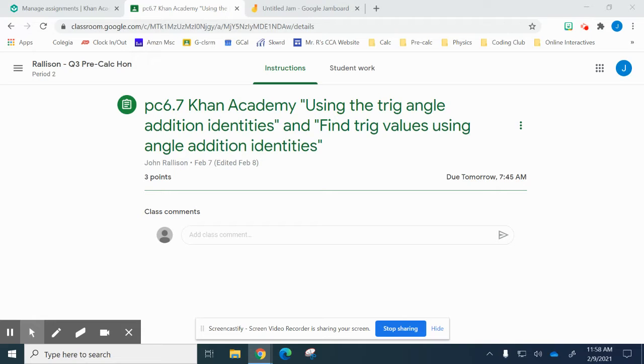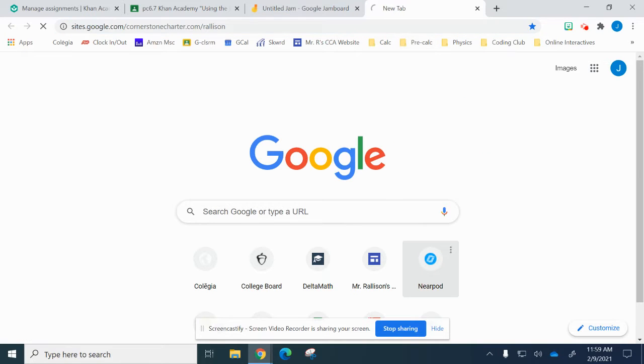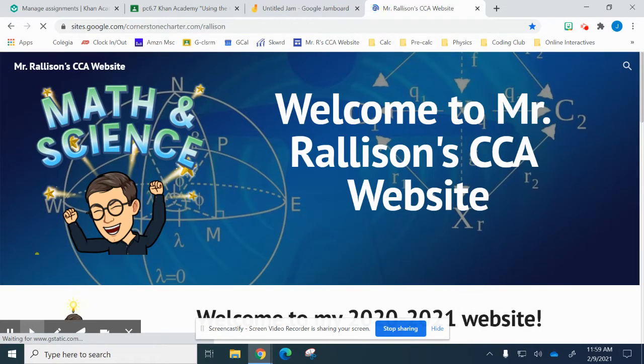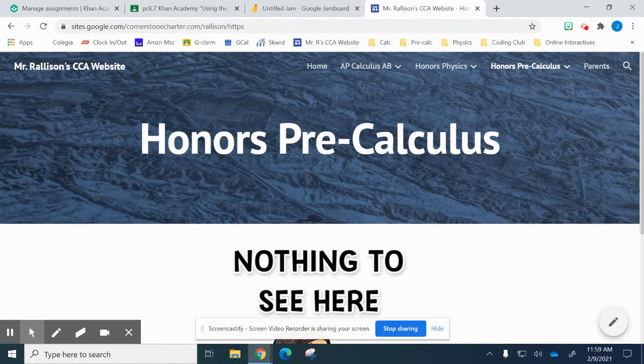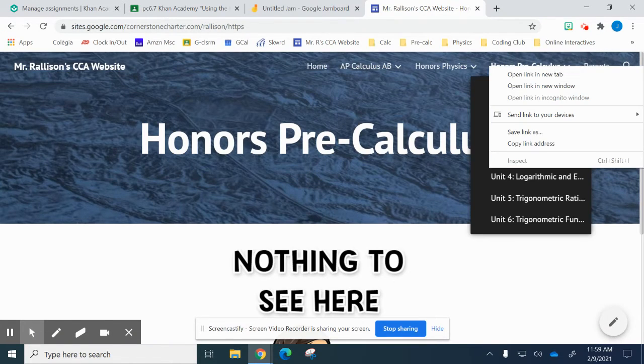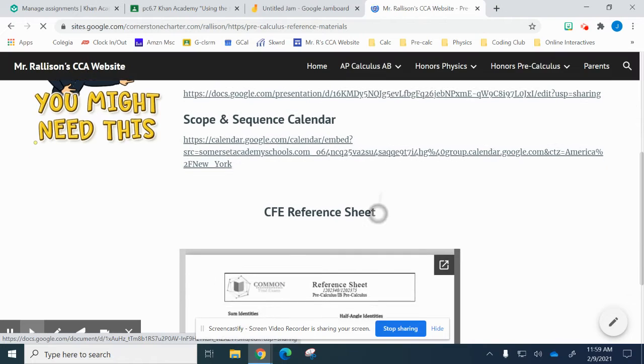So you're going to need to do this assignment, you will absolutely 100% need this information sheet. If you don't already have it, you can get it. Go to Pre-Calculus Honors on my website, and it's Pre-Calculus reference materials, the first menu item.